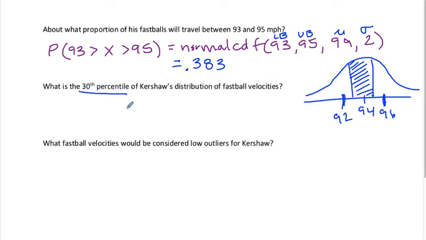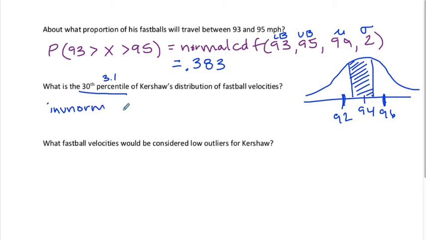So this is bringing back in our 3.1 section. And so in that section, we define percentiles to be equal to or less than. So we're trying to find the observation that would give us the 30th percentile. And so we need to find that observation. This is going to be an inverse norm problem.